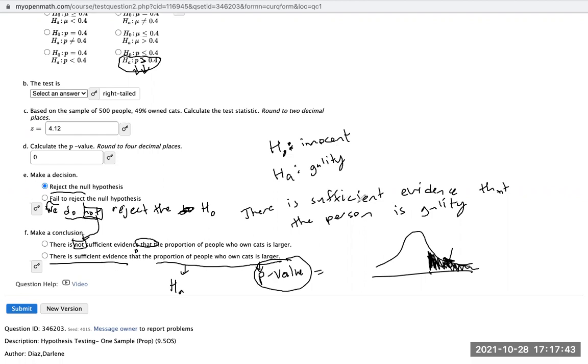They don't say it exactly like that, but it's always either guilty or not guilty. They never say the person is innocent.